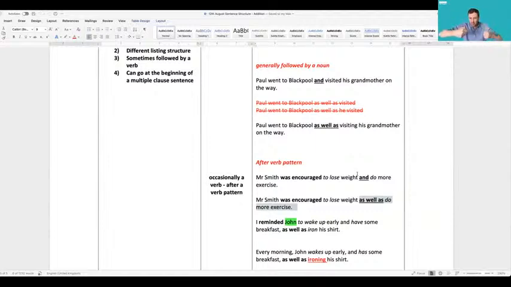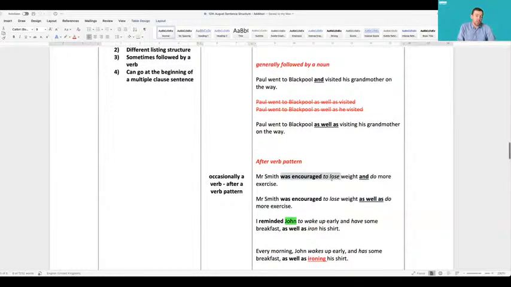You've got the verb pattern rule, which is that we always say encouraged to do or encouraged to lose. But then we've got as well as, which gives you the rule of we have to follow as well as with the gerund. But when you put those two rules together, one rule wins. There's no compromise. And the rule that wins is the verb pattern. So even though it says as well as, we don't follow with doing here. Okay. It's a do instead. And I know that it's a bit tricky.